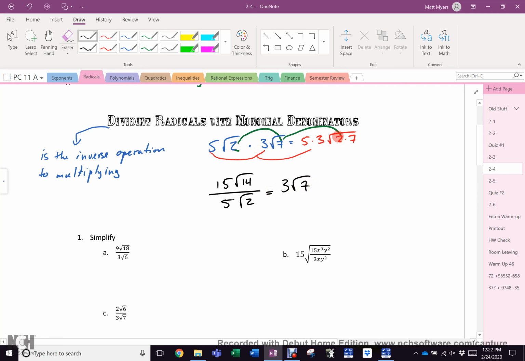So without me even teaching you, you all should be able to come up with the rule for what we do here. That becomes 15 divided by 5 and root 14 divided by root 2, which would be 3 root 7. Without me even teaching, you can figure it out. It's easy peasy lemon squeezy, right?